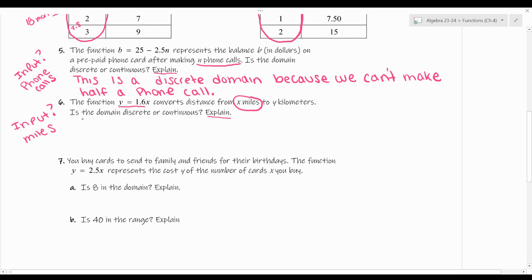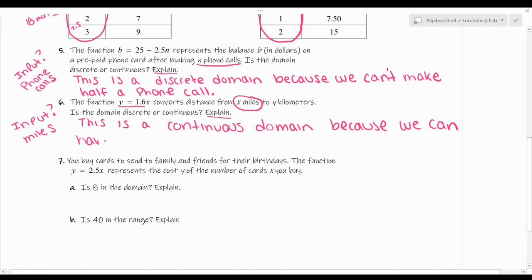So your sentence is going to be, this is a continuous domain because we can have, I usually like to say half because it's an easy decimal to picture, so I'm going to do that again.